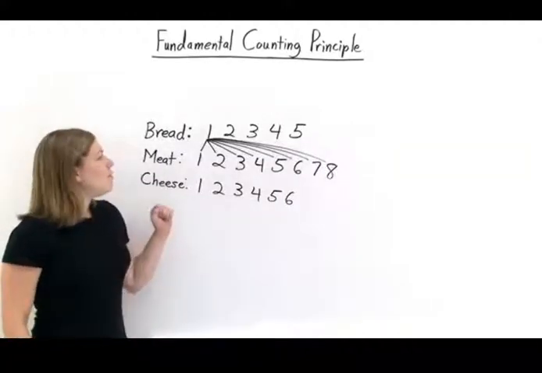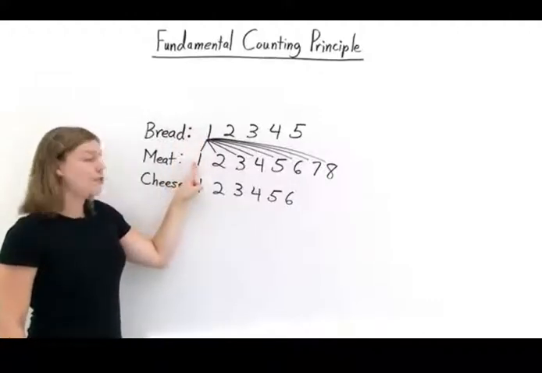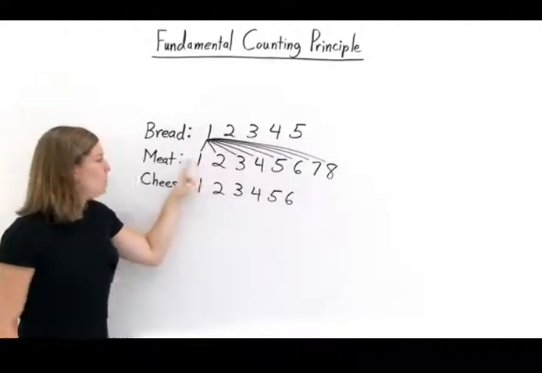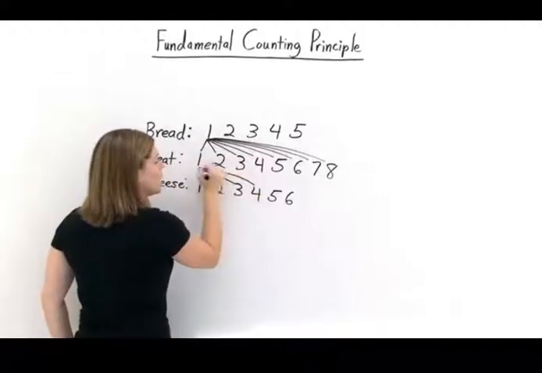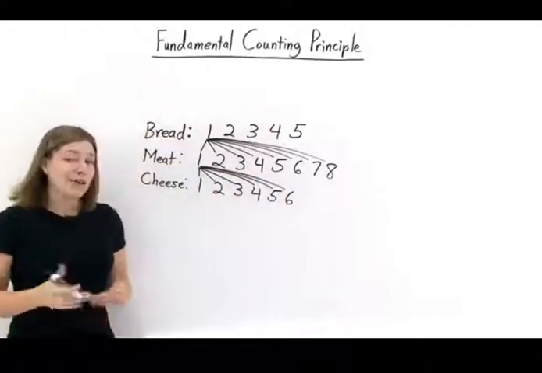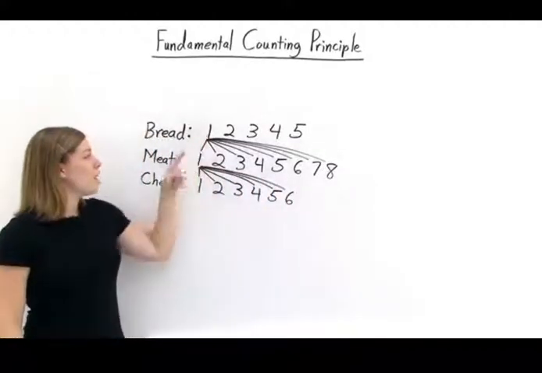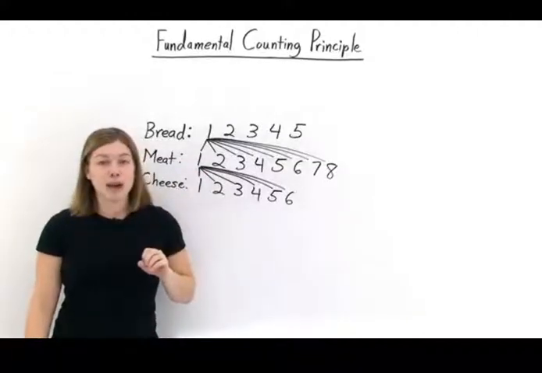Well, let's see. Let's say we chose this first type of bread, and then we chose this first type of meat. Well, if we choose this first type, then there are 6 different options for cheeses. So we draw a line to each of those. Now look, if we choose the first type of bread and the first type of meat, there are 6 different sandwiches we could make.